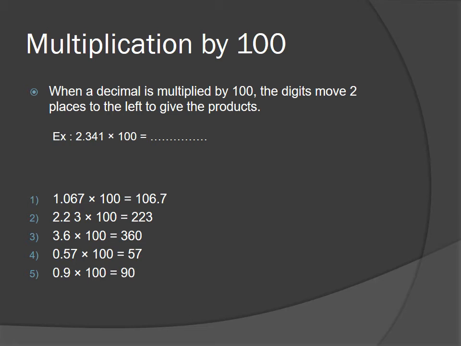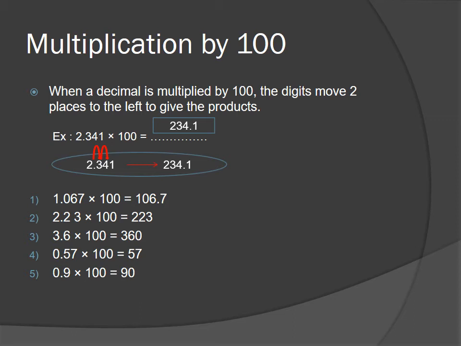Example: 2.341, how to multiply it by 100? You have to move that decimal point 2 places to the right, then you can get the answer as 234.1.